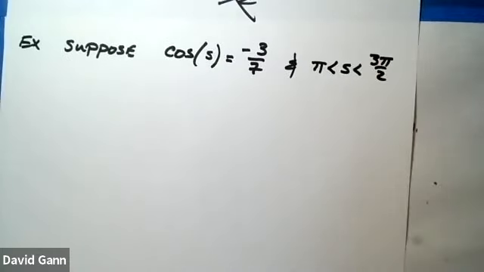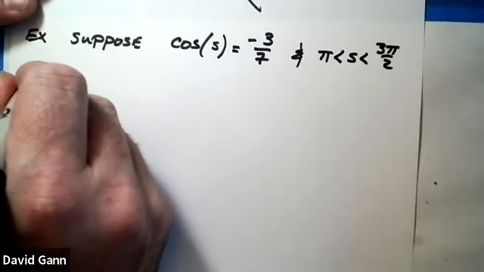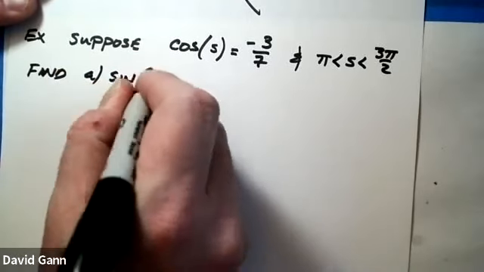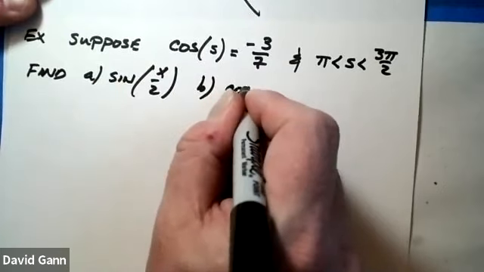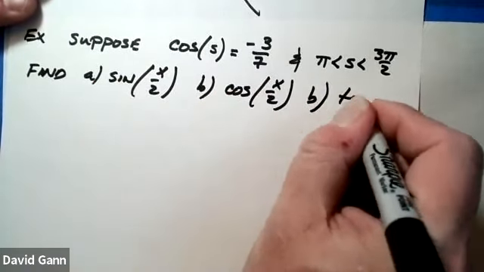So I'll just go ahead and ask the questions. Find, let's say, sine of the half angle, cosine of the half angle, and tangent of the half angle.